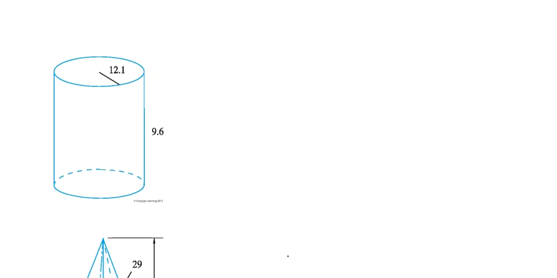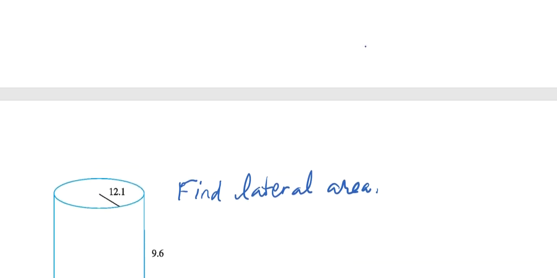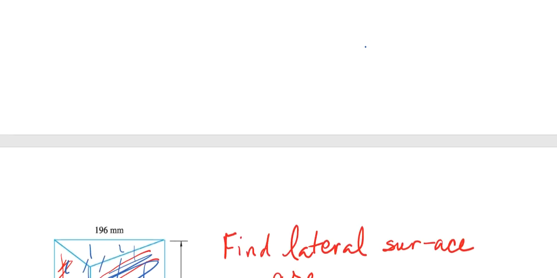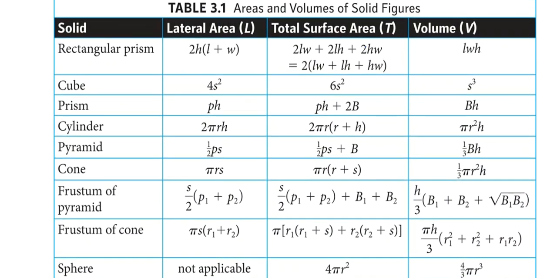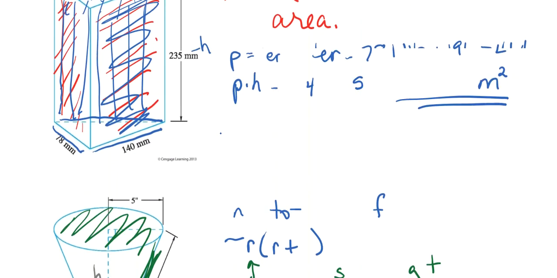In this case, I have a cylinder. Let's go back to doing the lateral area. Again, in every case, we identify the shape, and then we go find the formula that fits what we're being asked. So we identified this shape as a cylinder, and we're doing the lateral area, so it's 2 pi RH.